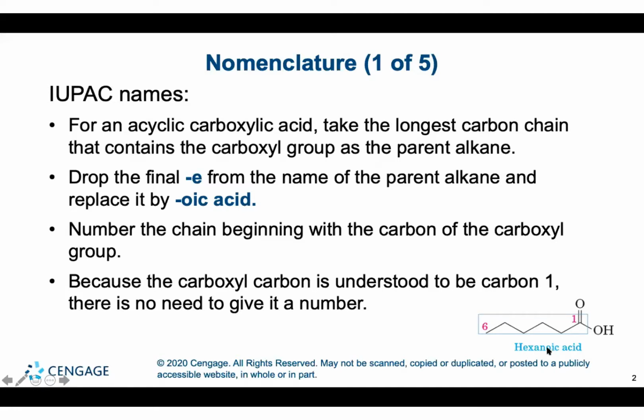And we always end with oic acid. It's going to be hexanoic acid. We do not need to emphasize the 1, because in carboxylic acids we always start with the carbonyl group as 1. If there are other branches, we add them before that.